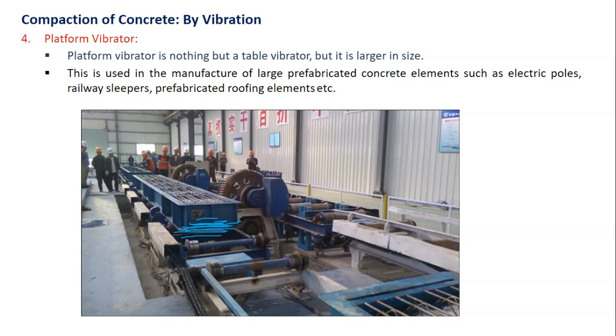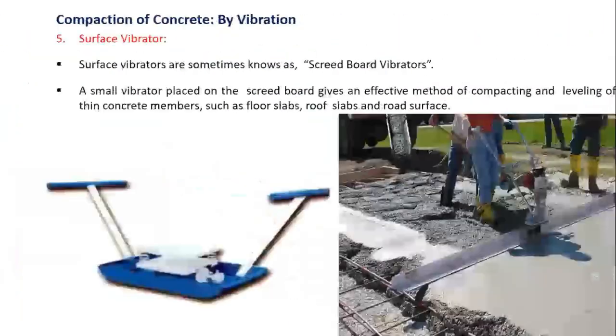Here you can see this is the vibrating platform. This is the formwork, and you are placing the concrete in this, and now you are vibrating this whole setup so that the concrete can achieve its complete compaction. This is the most common method of compaction in pre-stressed elements manufacturing and railway sleepers in particular.